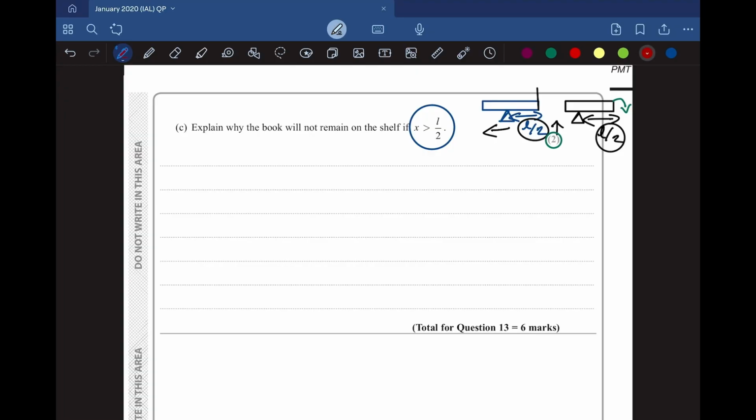The answer will be: there will be a net clockwise moment, and another point will be because the center of gravity is outside the edge of the shelf.